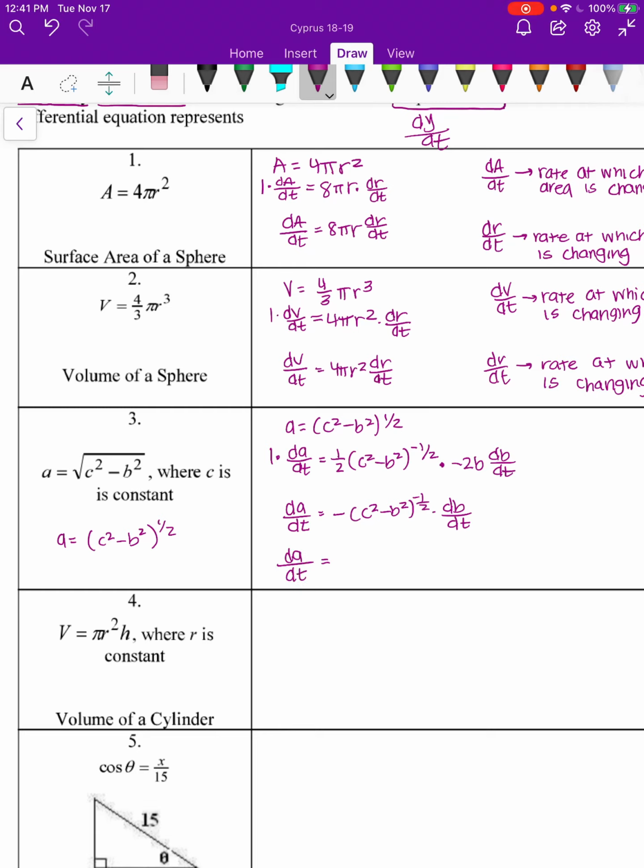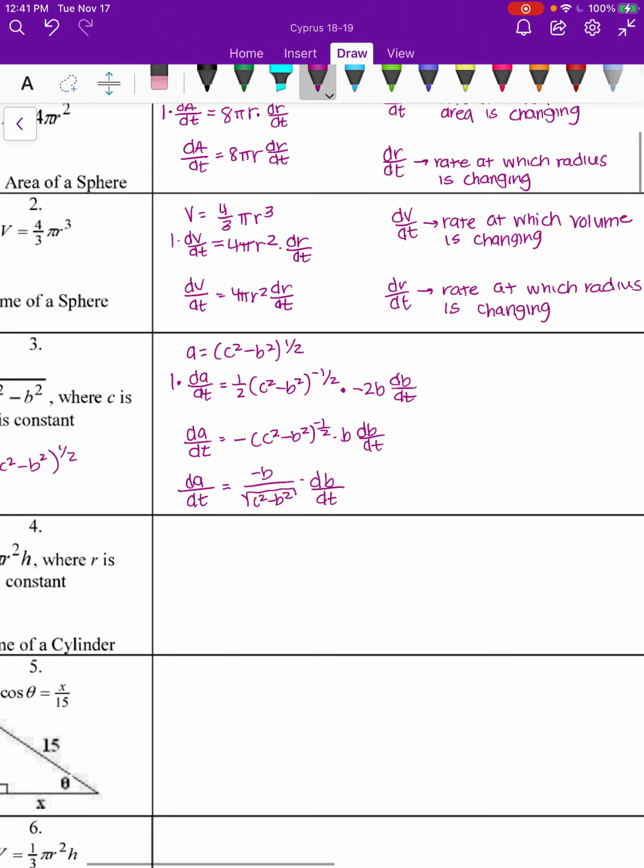Or you could also rewrite that dA dt equals, oh, I left off the b before. Sorry, that dB dt has a b in front of it. So if you rewrite that, clean it up even more, you could write that as negative b over the square root of c squared minus b squared dB dt.